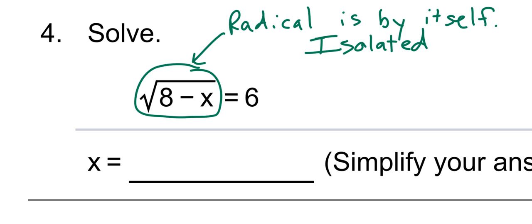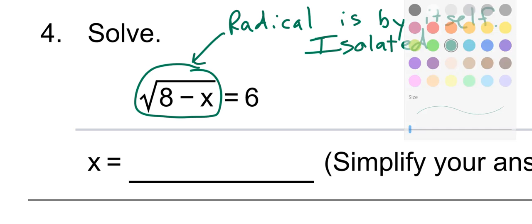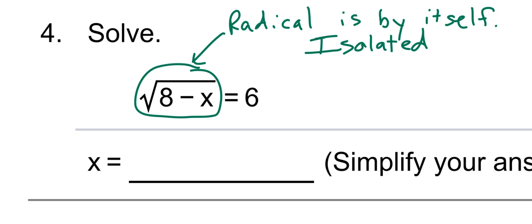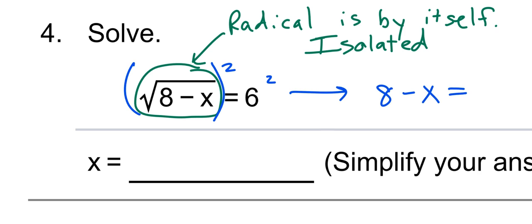Now, if that were you or me, that might be a bad thing, but not for a radical. Because if a radical is isolated, then we can get rid of the radical by doing what to both sides? Squaring both sides, right? This is going to lead me to 8 minus x equals what? 36. Solve it.